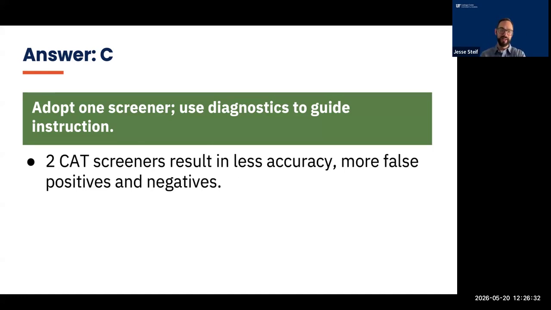which are not so great with a screener, meaning we've identified a student as not at risk, as being on track to reading proficiency, but they're actually not. They're struggling. One of the most common cases of false negatives happens for students who have word reading difficulties, but really strong oral language comprehension.